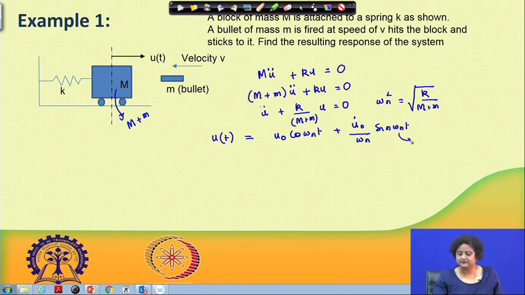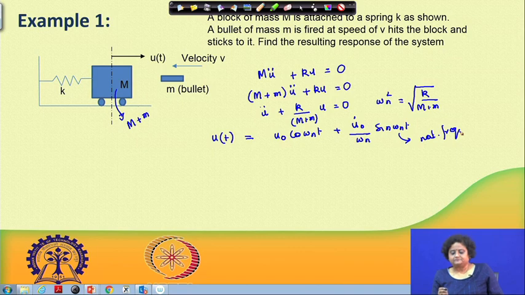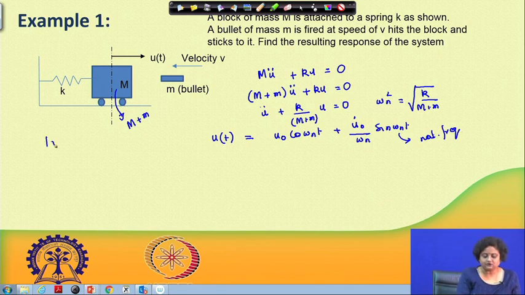That is the natural frequency of the system. Now we have to figure out the initial conditions of the system. Once we know u0 and u dot 0, we can easily find the total response of the system.